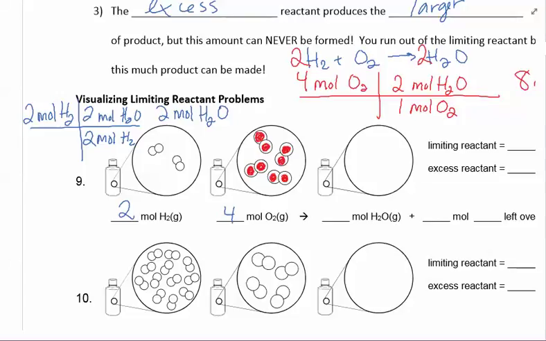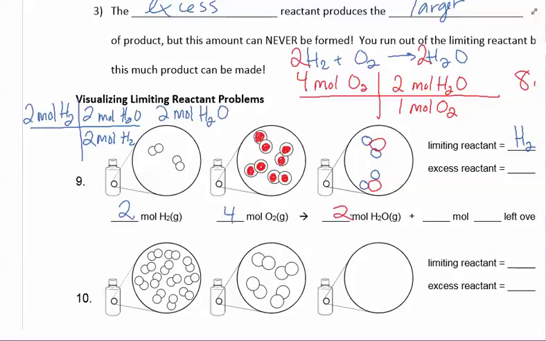So the limiting reactant here is going to end up being the hydrogen. The hydrogen is what's going to stop the reaction. So I'm able to make, my hydrogen is blue, 2 moles of water. At this point, I've used up all of my hydrogen. I am completely out of hydrogen at this point.